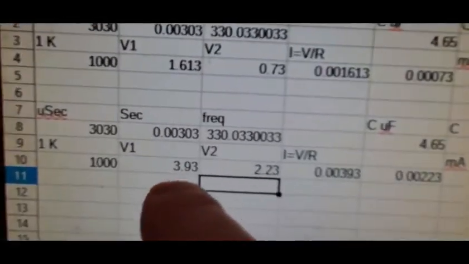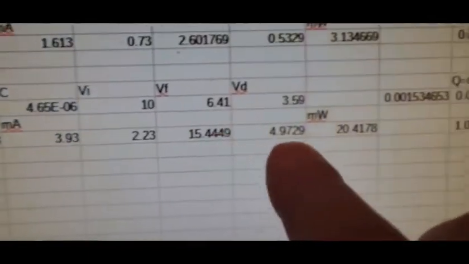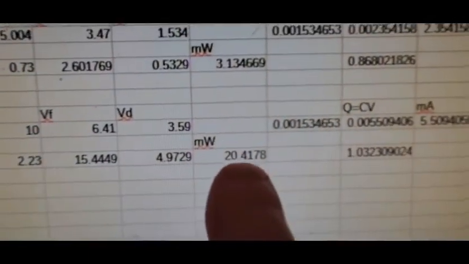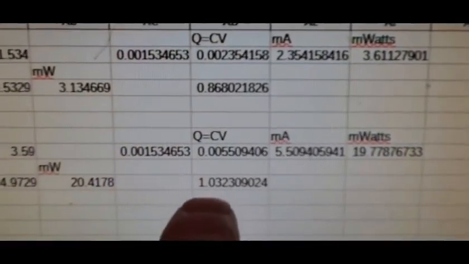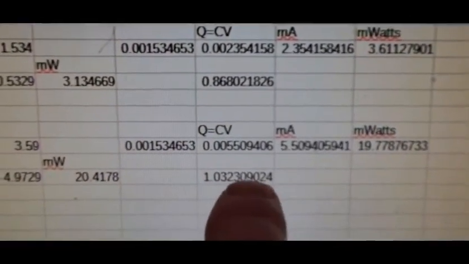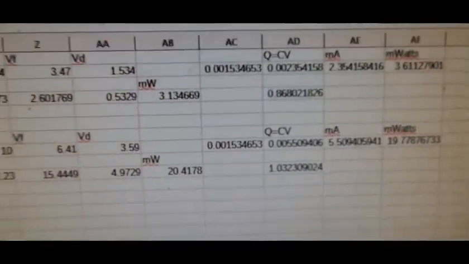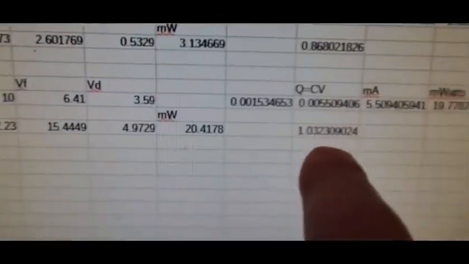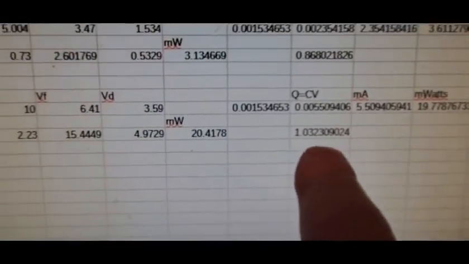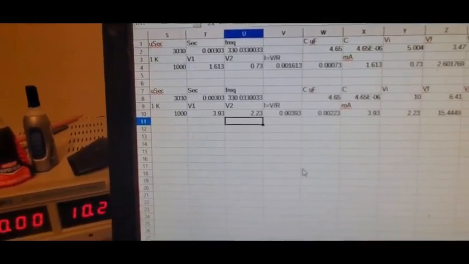Okay, when I put them in the right place, that's milliwatts out from one, that's milliwatts out from the other, total milliwatts out 20.47. So that's saying that it's 103% efficient. This is the first time, I knew it would be better with the 4.7. I just knew it. This is the first time I've seen that at 10 volts. Let's go up to 20.